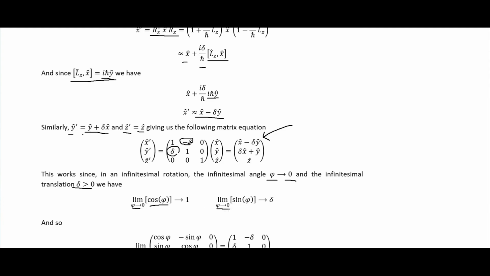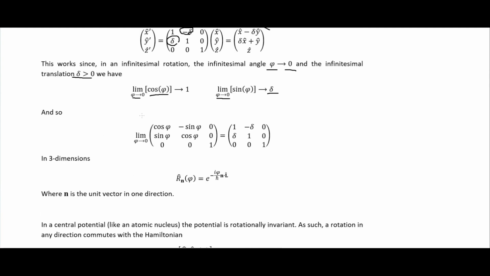And as this gets arbitrarily close to 0, this just becomes our delta here, so our very, very small amount. And so we actually just get our rotation matrix right here. So we have the cosine, the minus sign, the sine, and the cosine here, which is just the same as what we had for our deltas here.